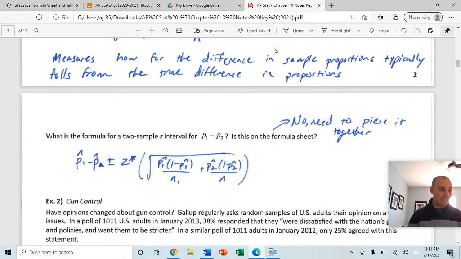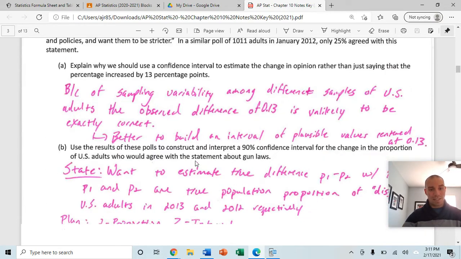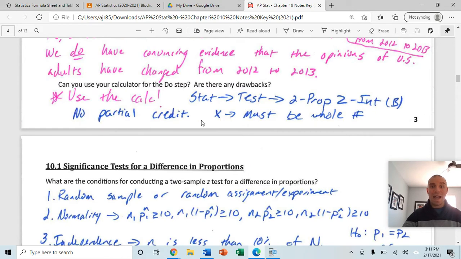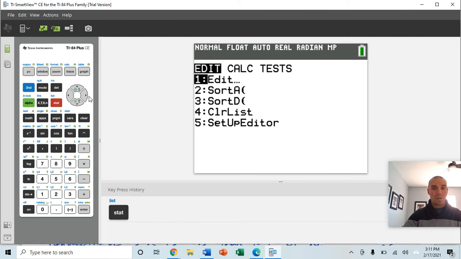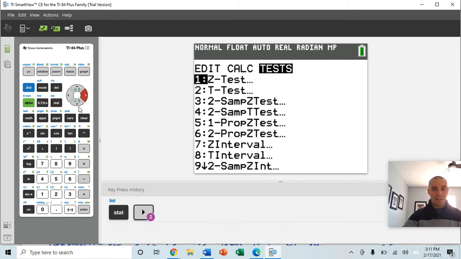I'm going to show you how you can do it on the calculator. We'll see this example in class, but I want you to write down how to do it on the calculator. The only drawback is there's no opportunity for partial credit, but it is significantly easier to do it on the calculator, so that's my recommendation. On the calculator, you would go to Stat, over to Tests, and 2-PropZInt.